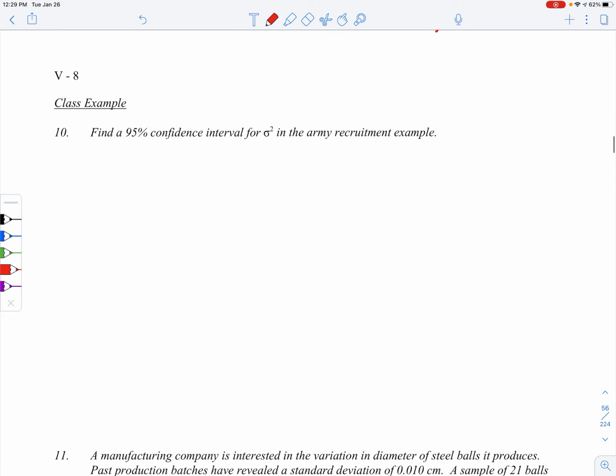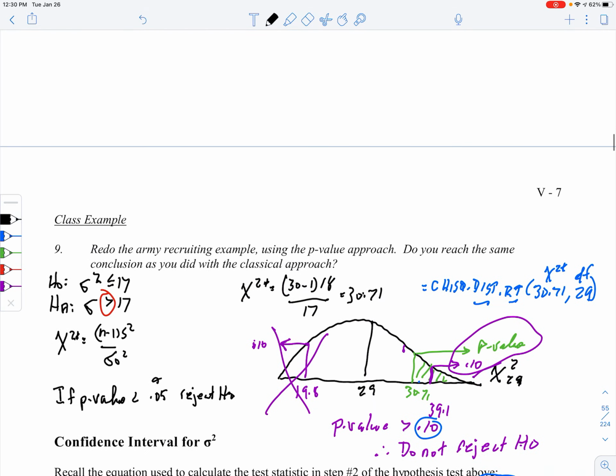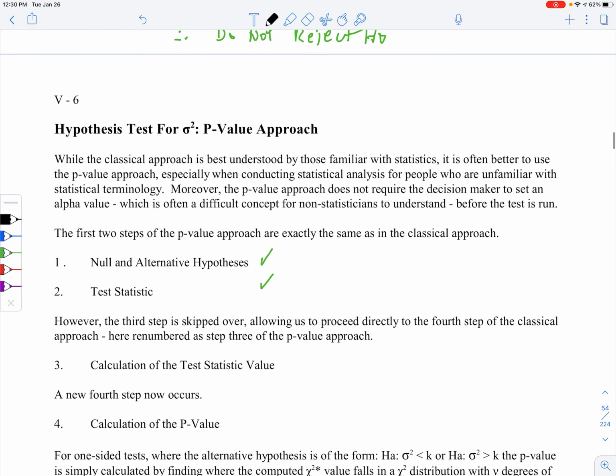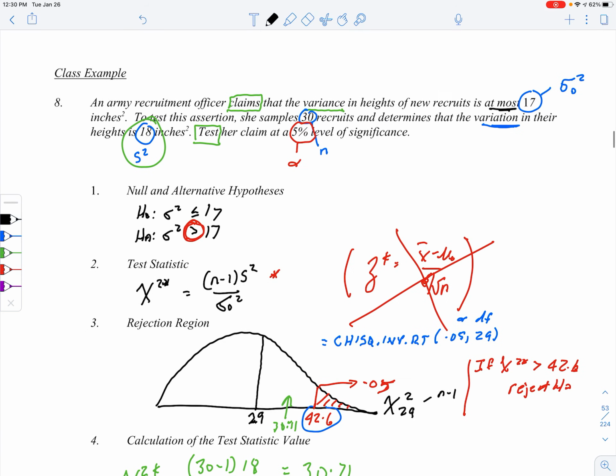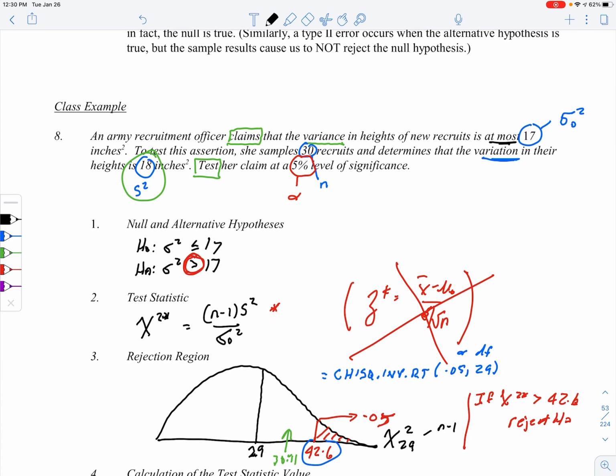Let's take a look here, and I'll show you practically how we do this. So let's find the 95% confidence interval for the sigma squared in the Army recruitment example. Just to remind you, this was an n of 30, and we had an s squared equal to 18. And that's going back up here to the original problem right there.